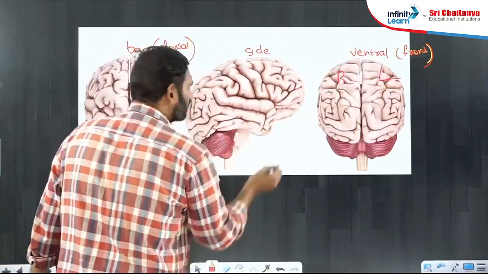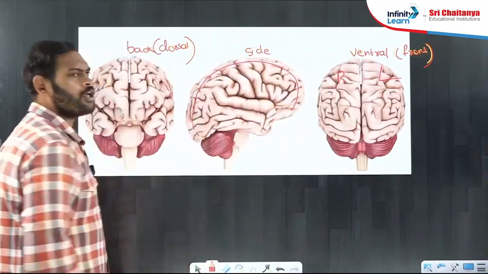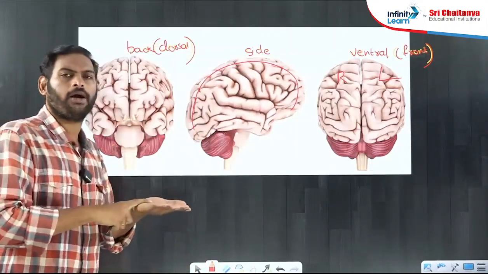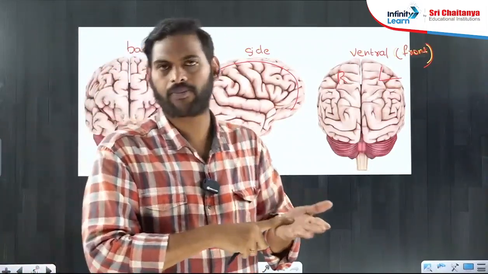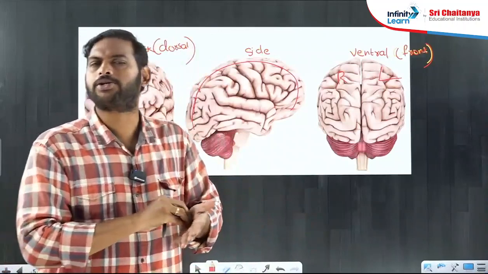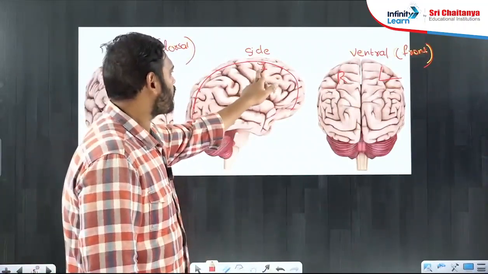The surface of this cortex looks grayish in color, pinkish gray. The pinkish appearance is because of blood vessels. The grayish appearance is due to the arrangement of cell bodies here.